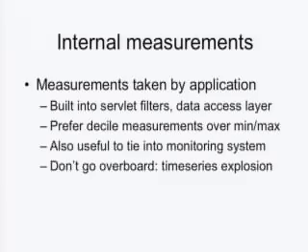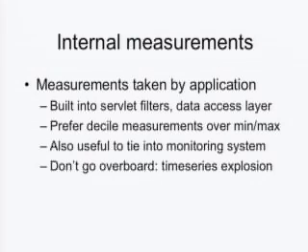Things like decile measurements. What is my 80th and 90th percentile? Those are more interesting in terms of telling you where the long tail begins and where the majority of your requests wind up. You have a monitoring system for these non-trivial production applications. If you don't, you're probably getting called by somebody at 2 in the morning. Let the system call you.